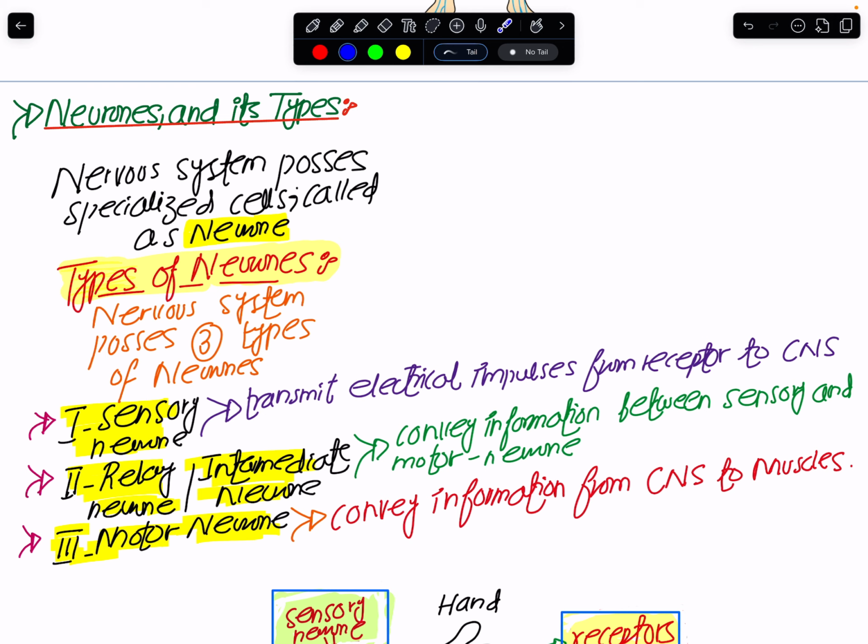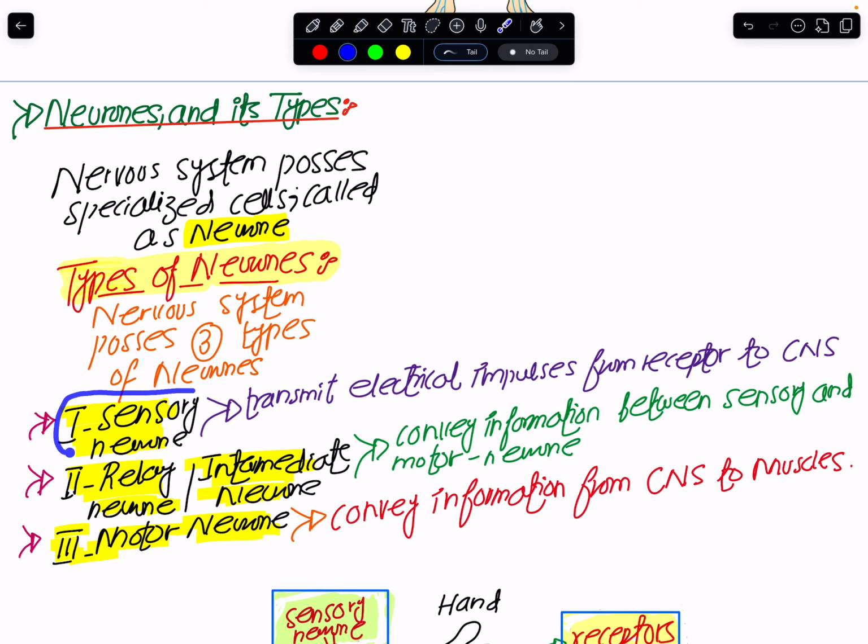effectors of my body. So if I were to simply read this for you, our nervous system has specialized cells in it, and these specialized cells are referred to as the neuron. Our nervous system fundamentally has a total of three types of neurons.